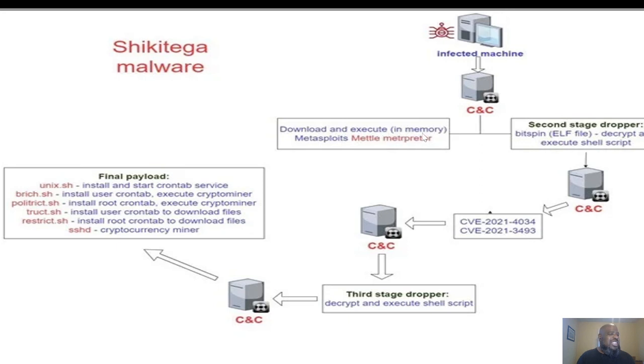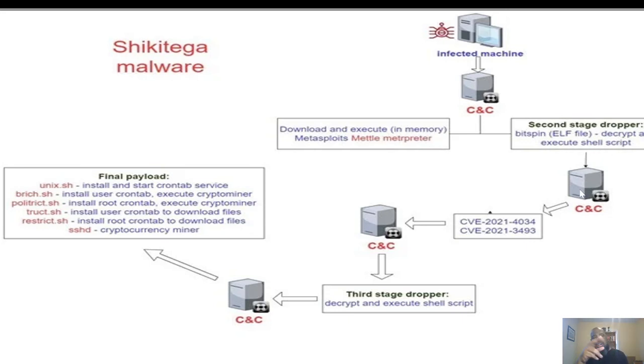You download and execute it in memory, the Metasploit. Then the second stage. It's a good thing because it's a two-stage malware. That makes it a little difficult for virus protection and malware software to catch it, right? So second stage dropper, bit spin F file, decrypt and execute the shell script.